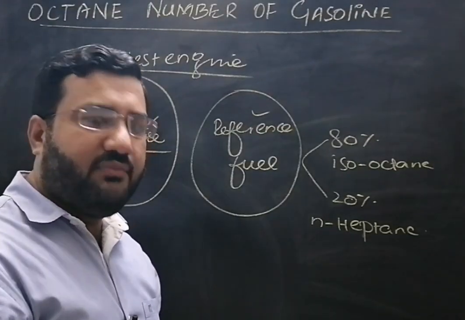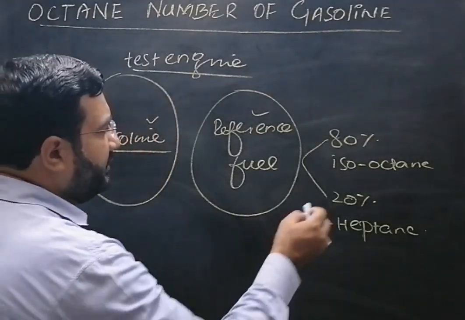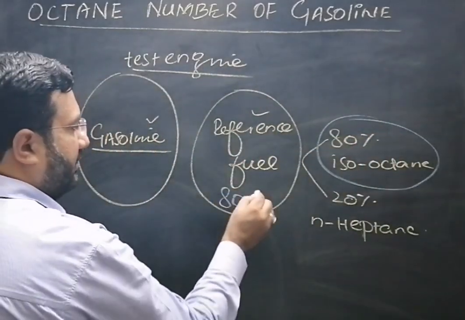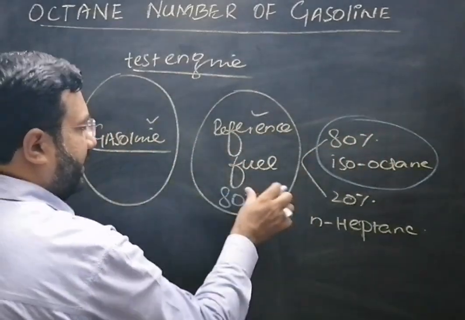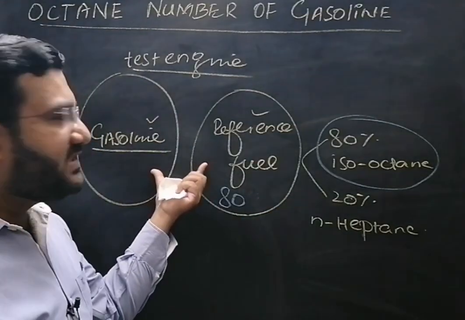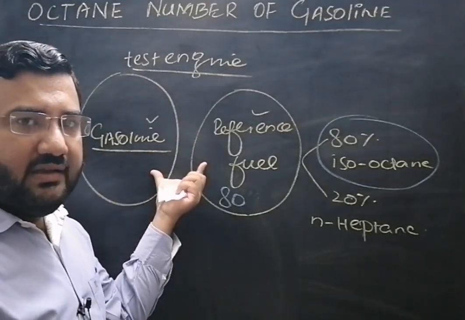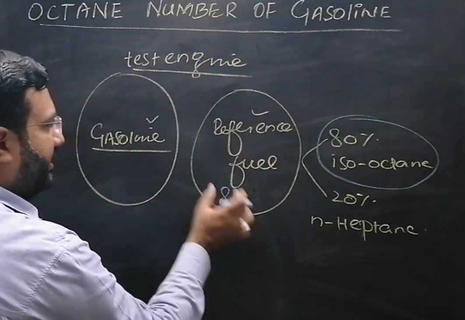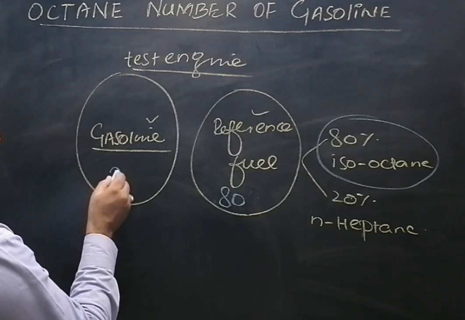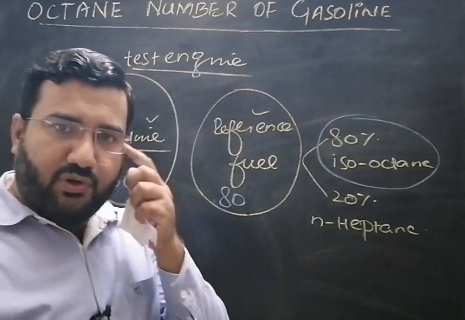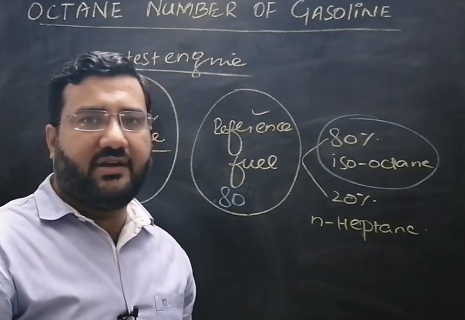What is the octane number of this reference fuel? Because it has 80% isooctane, its octane number will be 80. And because these two have the same anti-knocking ability, the reference fuel has octane number 80, it means this gasoline sample also has octane number equal to 80.